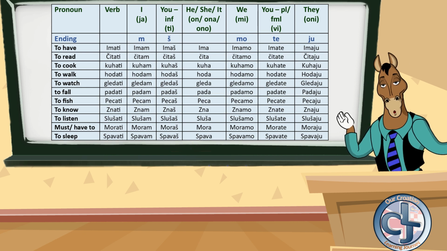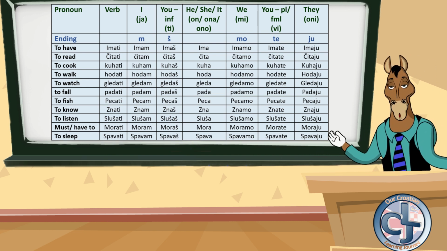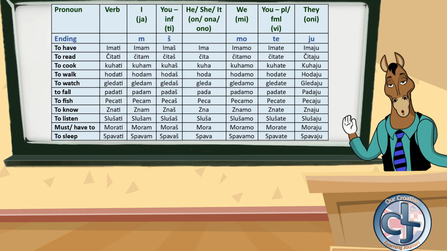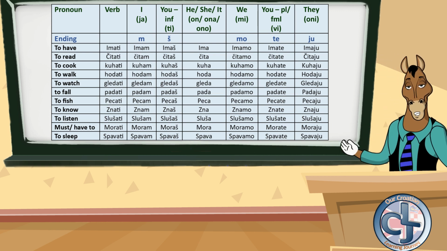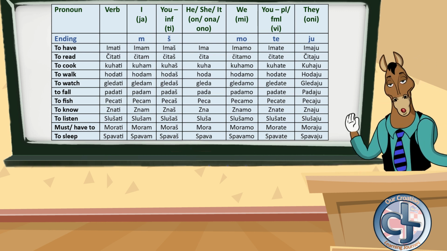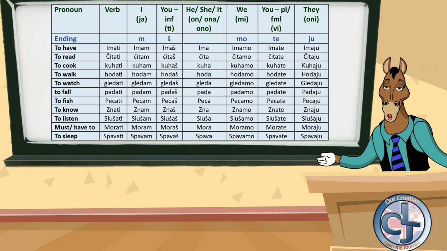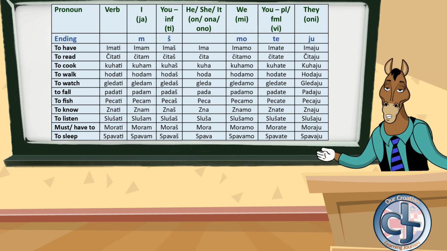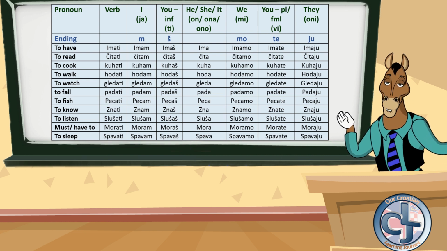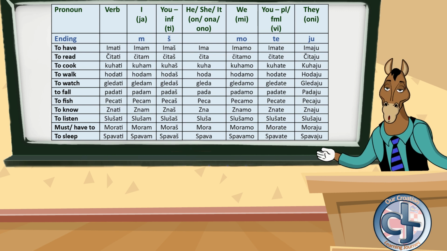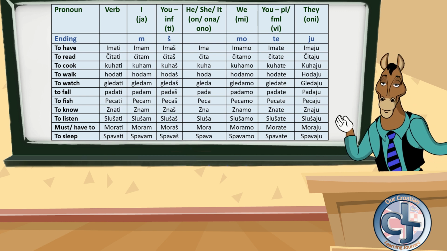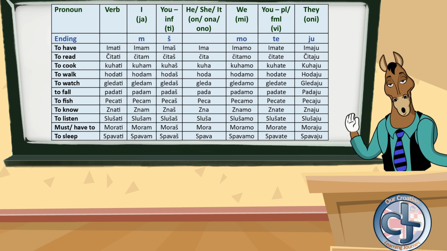For the pronoun I, examples we have are imam, čitam, kuham, hodam, gledam, etc. For informal you, we have imaš, čitaš, kuhaš, hodaš, gledaš. He, she, it is ima, čita, kuha, hoda, gleda.